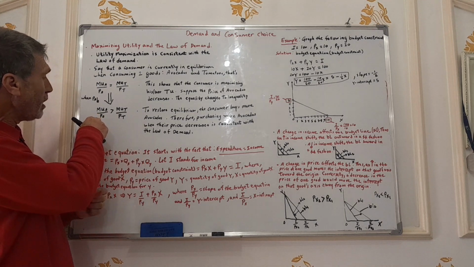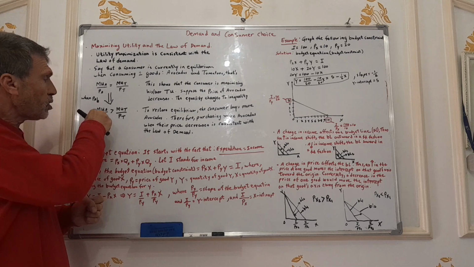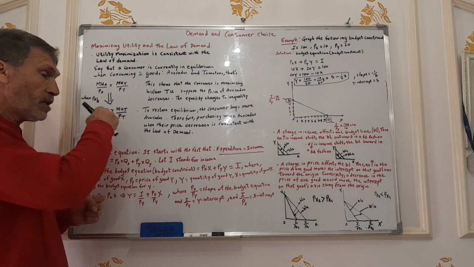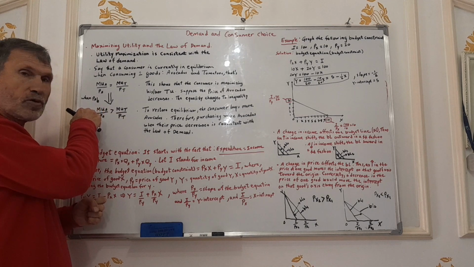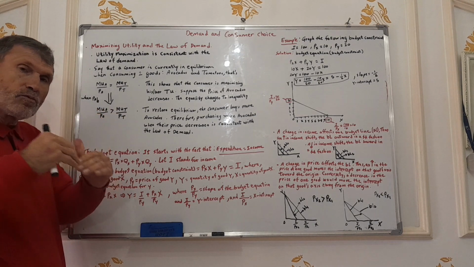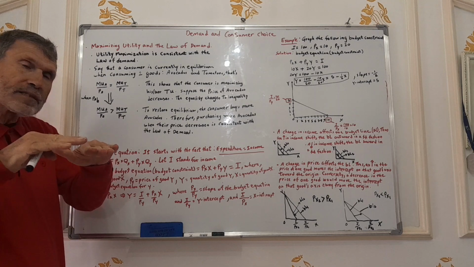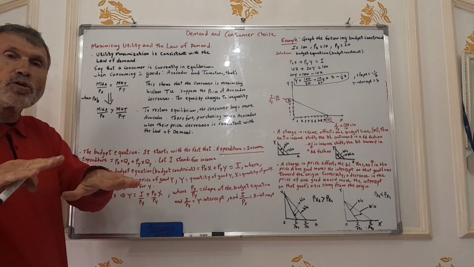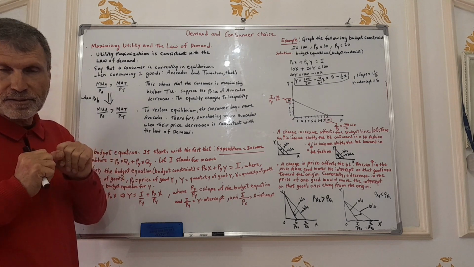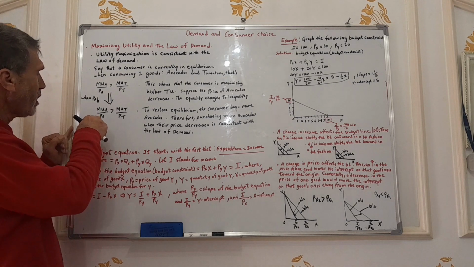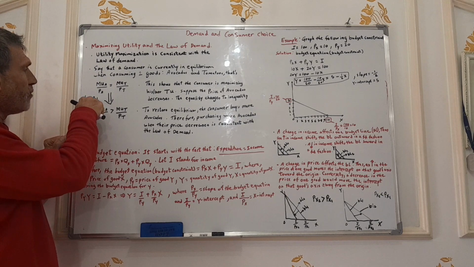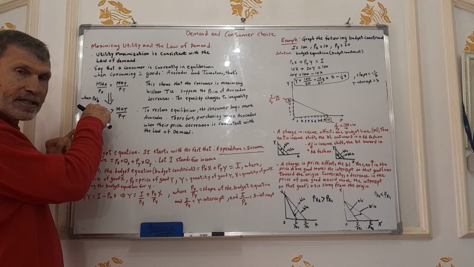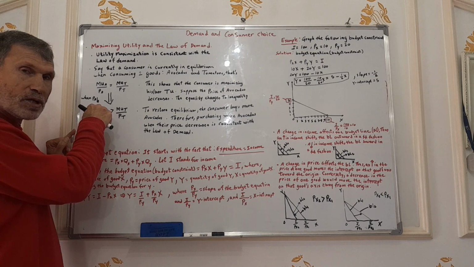So when he increases the consumption of avocado, the marginal utility of avocado will go down, and it will continue to go down until equilibrium is reinstated.